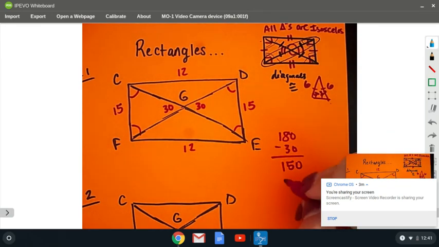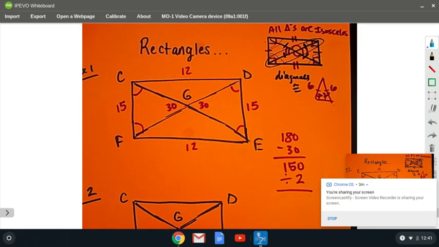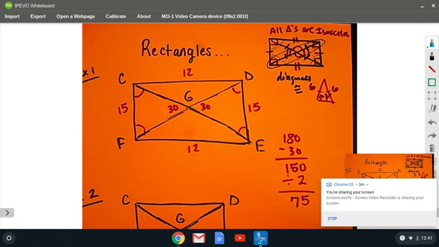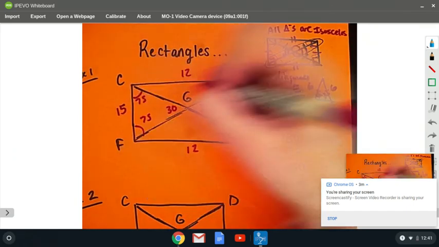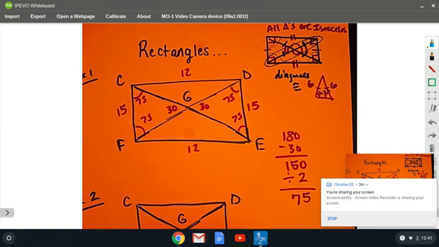And then I can just divide 150 by 2 to get those 2 equal angles. 150 divided by 2 would give me 75. And that means that both of these base angles are 75. So that's one quick way you could find some angles here.